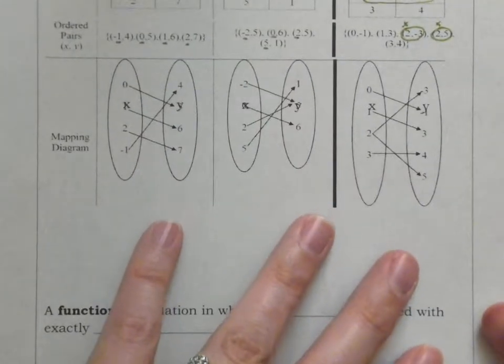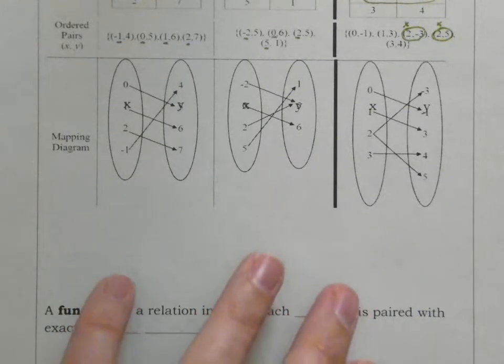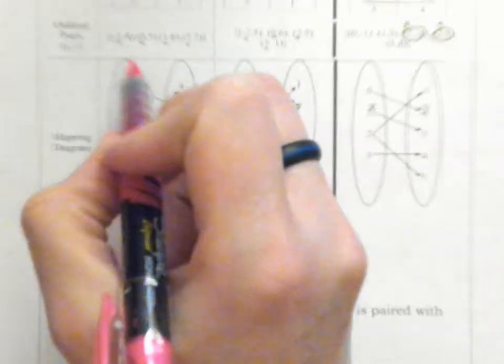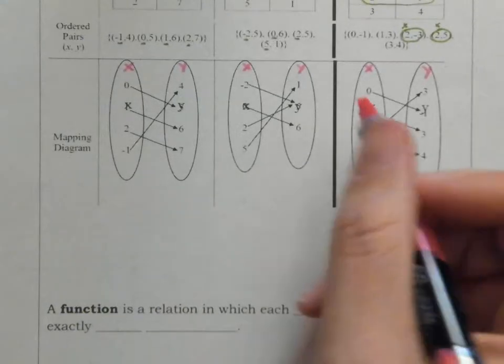All right, and then this last one is a mapping. And what happened here is these at the top were supposed to say X and Y, and for some reason we moved it around and forgot to move the X and Y. And so the numbers look a little funny.